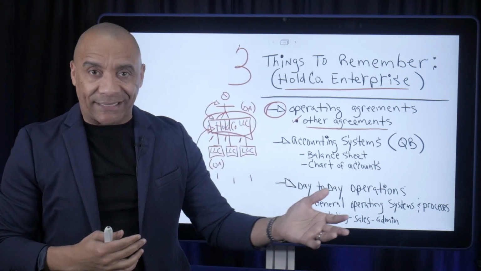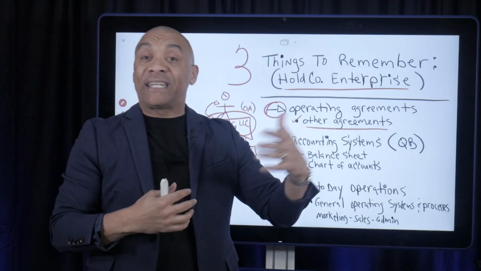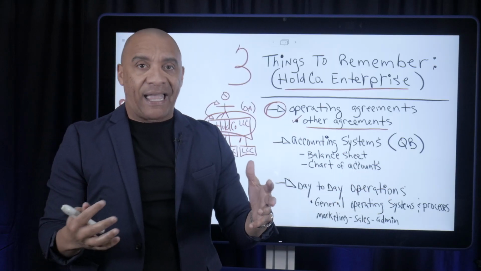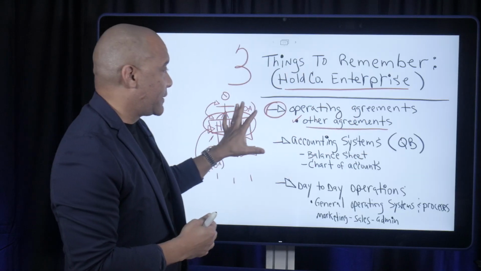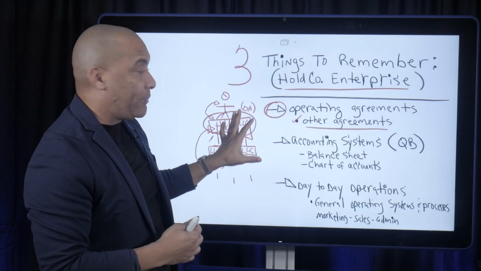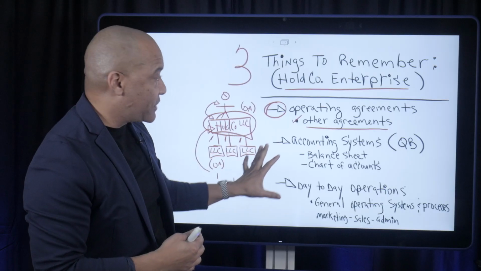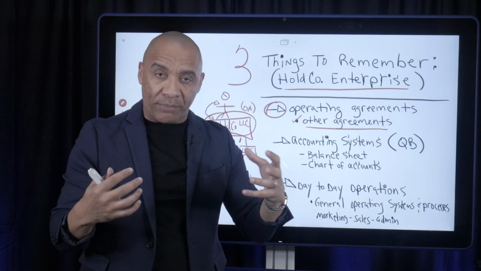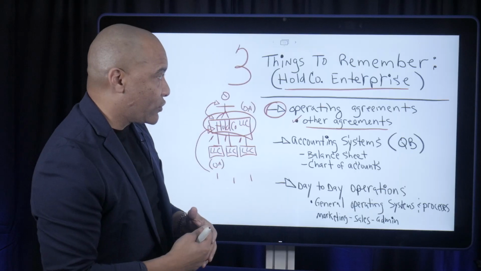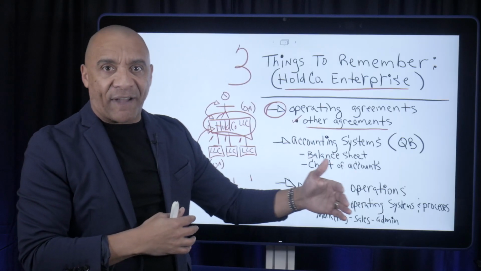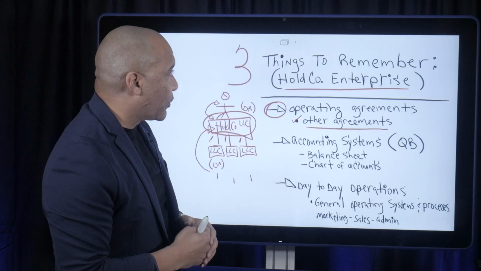There may be some licensing agreements or leasing agreements that you need to have. So again, you need to remember that there needs to be operating agreements between you and the main company and the main company and the subsidiaries, and then whatever other agreements that are needed and necessary, you have those agreements drafted and signed and filed for your internal purposes.